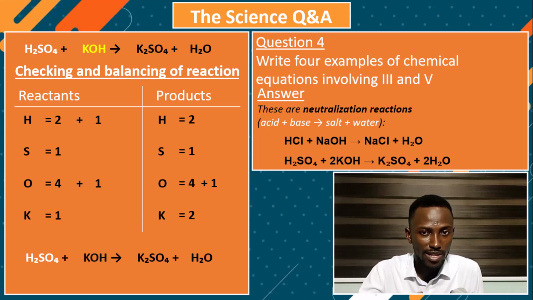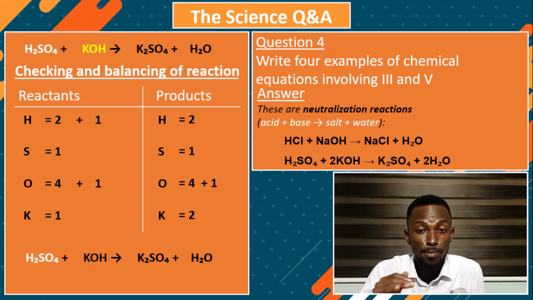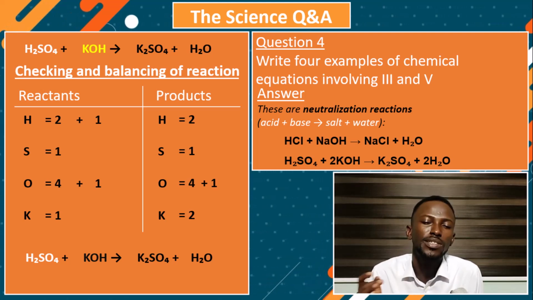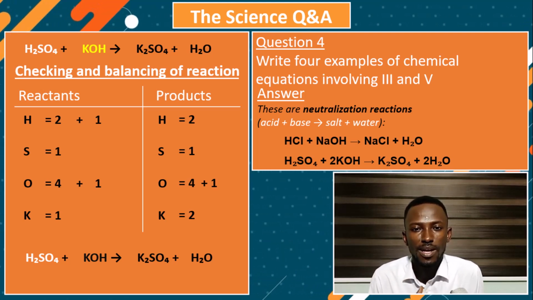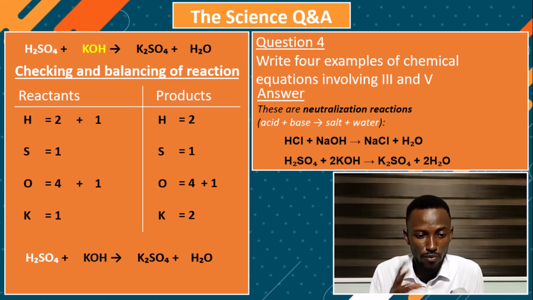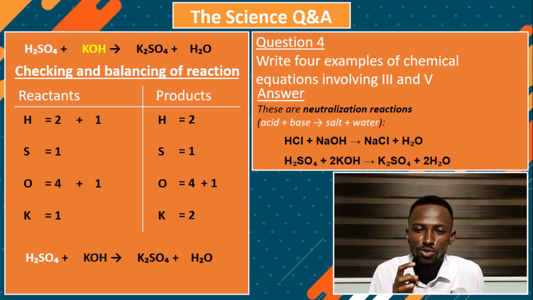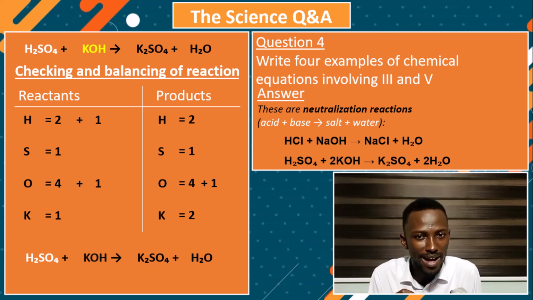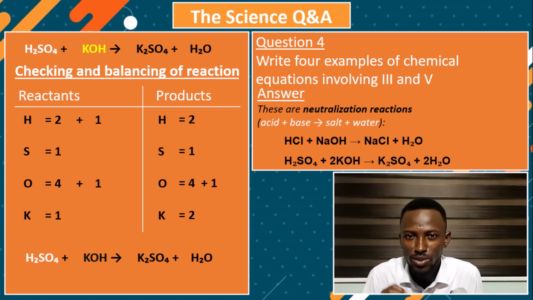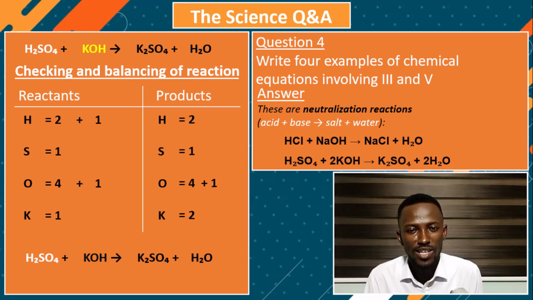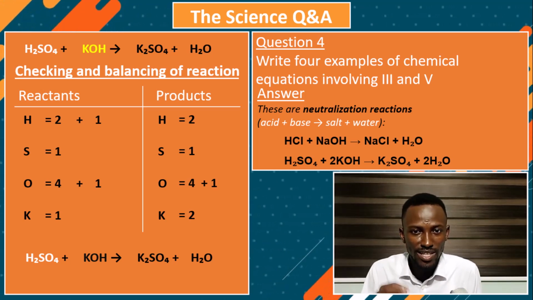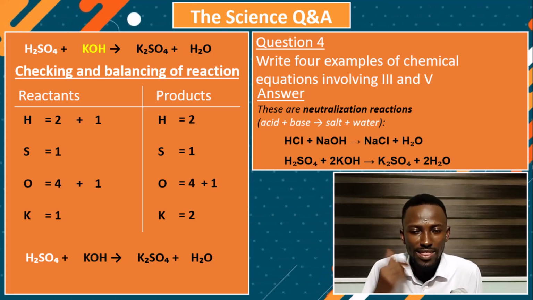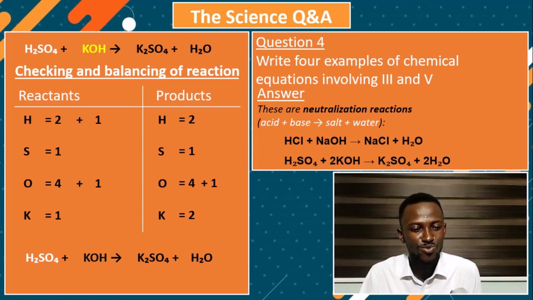For example, I'll start from the one at the bottom, the potassium, the K. The potassium is 1 for the reactants, but for the product, we have 2 of them. What can you do to 1 to make it 2? Remember, you multiply, we do not add. I think you guessed it. 1 times 2 will give us 2.